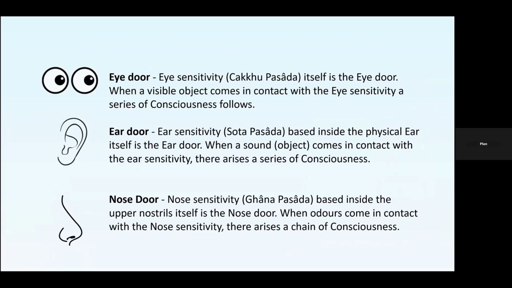Now, the eye door is actually the eye sensitivity. Cakkhu-dvara itself is the eye door. When the visible objects come in contact with the eye sensitivity, a series of consciousness follows. Ear door, ear sensitivity, sota pasada, based inside the physical ear itself, is the ear door. When the sound comes in contact with the ear sensitivity, there arises a series of consciousness.